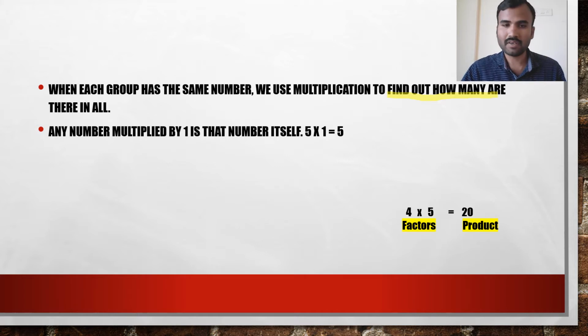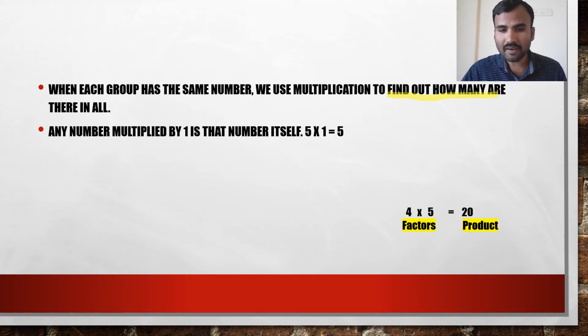If you multiply any number by 1, you will get the same number. I will show you. See here, we have 5 into 1. So 5 into 1 gives 5. 5 ones are 5, right? So in this way you have to understand.